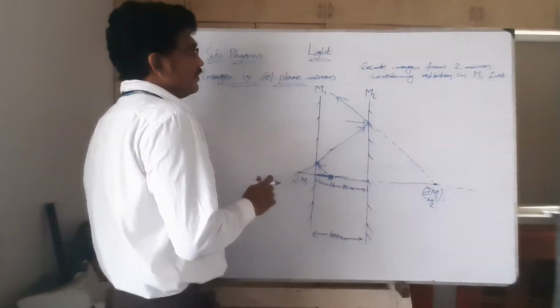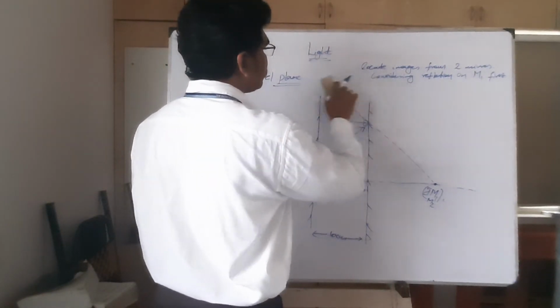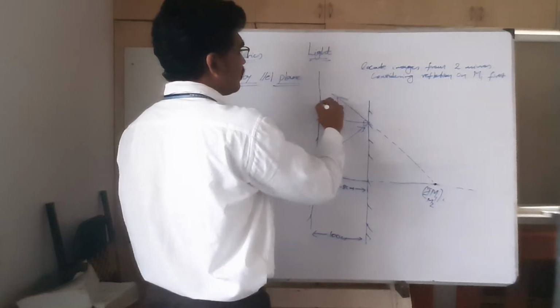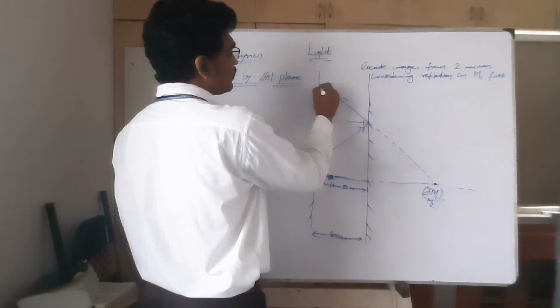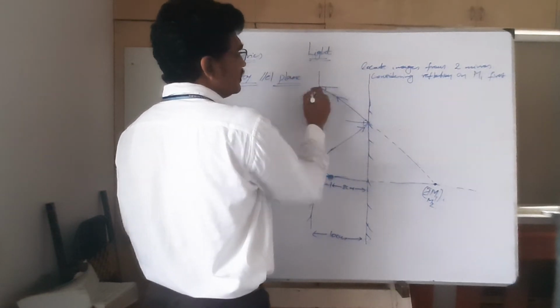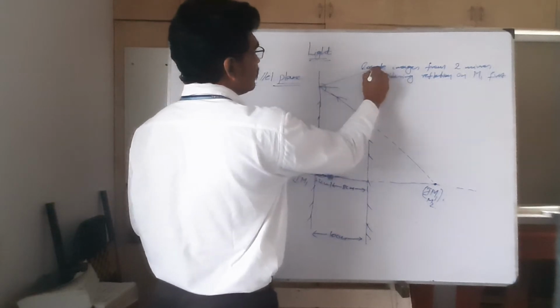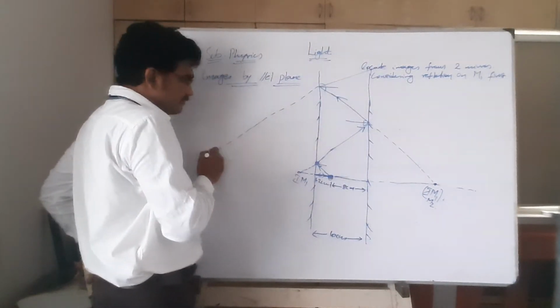Then again, what do you do? Let us take another one. Now this ray is striking; this is the angle of incidence, and this is the angle of reflection. Now what happens? It is coming.